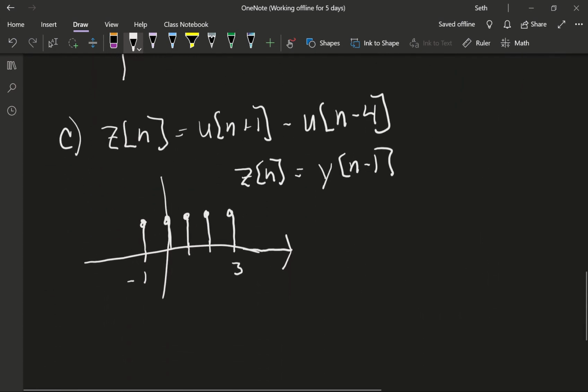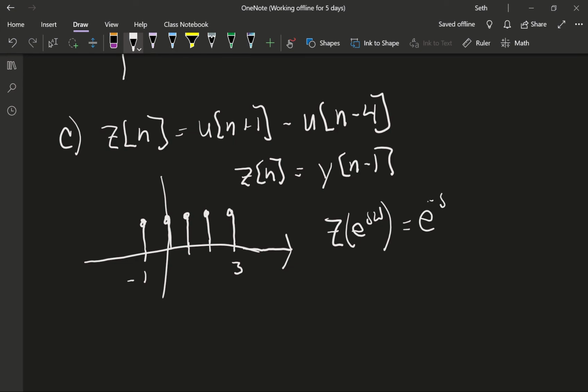So we can say that the transform of z, Z of e^(j omega), is equal to e^(-j omega), and the shift is 1, times the transform of y, because z of n is just the shifted y. Okay, that's number 4.